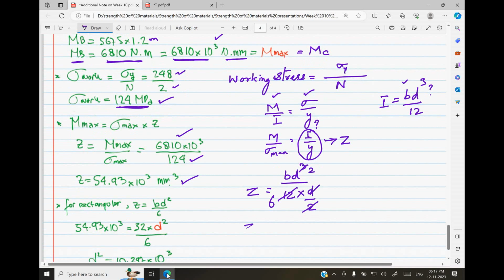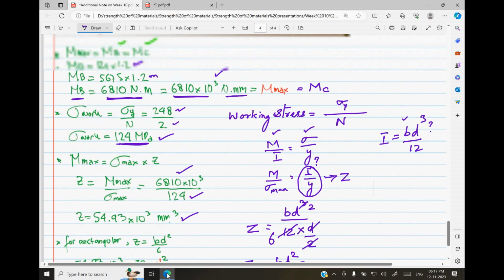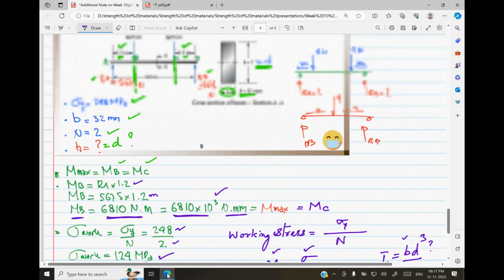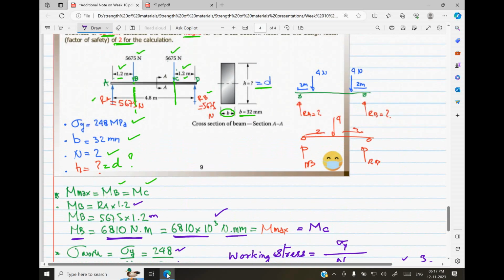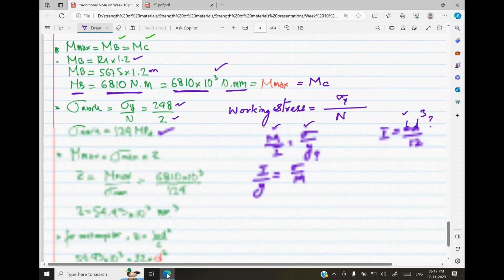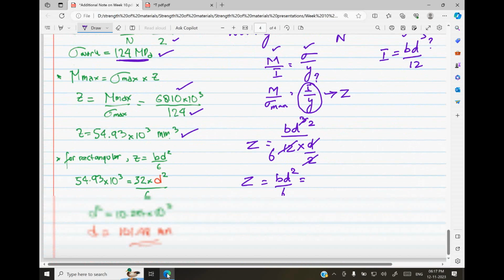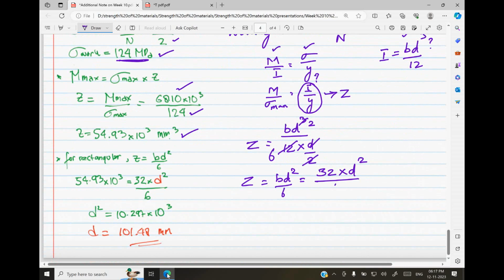Z is equal to BD square by 6. B is already given in the problem. B is 32. So Z is equal to 32 into D square divided by 6.